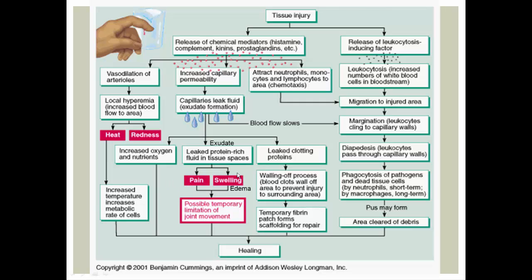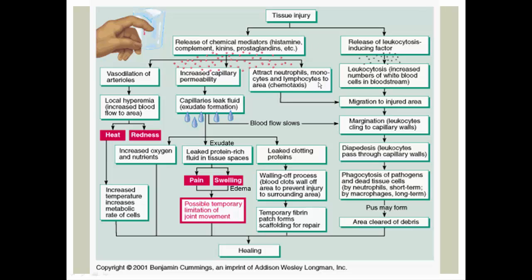So here's two more of the cardinal signs of inflammation. Those two together make the fifth one, loss of function, because you don't want to move around, maybe because the area is swollen, or it's such extreme pain you're not going to use that joint or use that part, and that way maybe limit the movement of that to allow those tissues to heal.